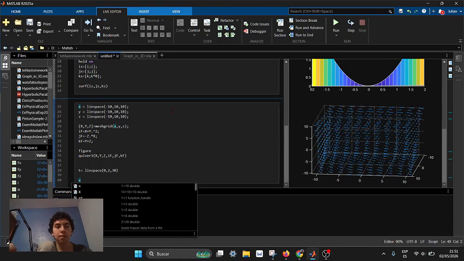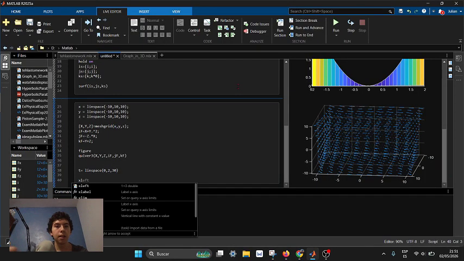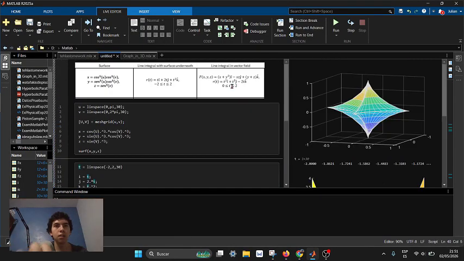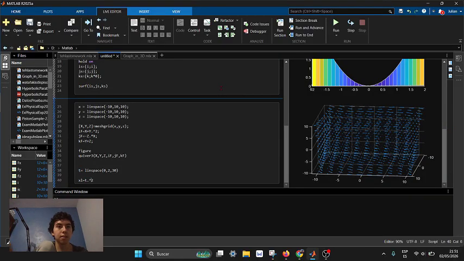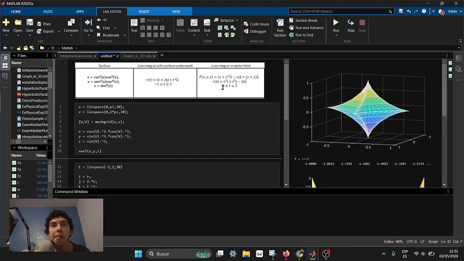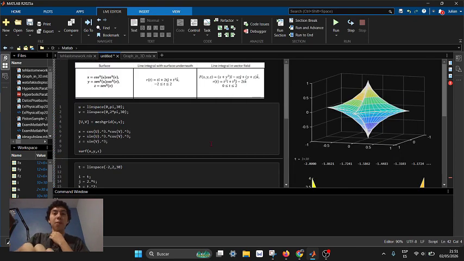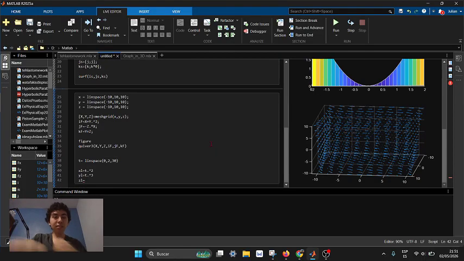For x, we're going to do xL. xL equals t squared. yL equals t to the third power. zL equals, sorry, minus 2 times t.